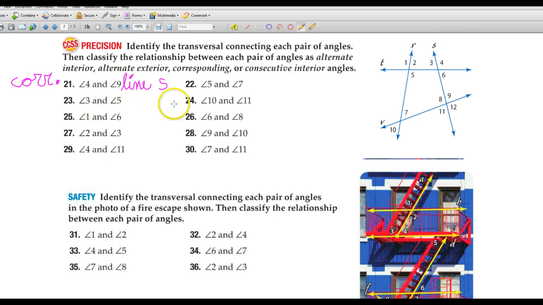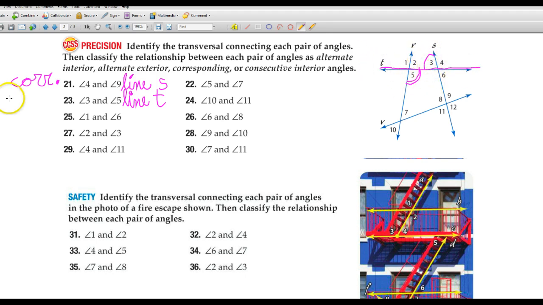Number 23, 3 and 5. Okay, the transversal is the line that makes contact with both of those angles. So that would be this line. So our transversal is line T. Notice that these two angles are on alternating sides of this line, or on opposite sides.